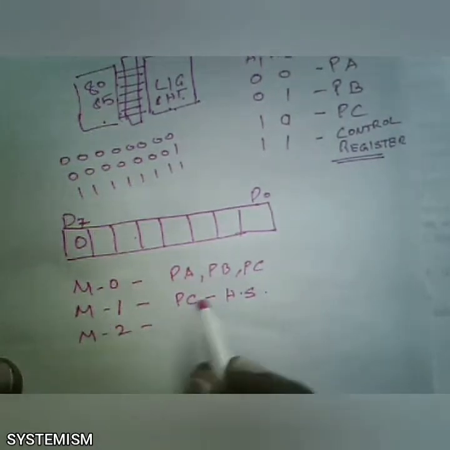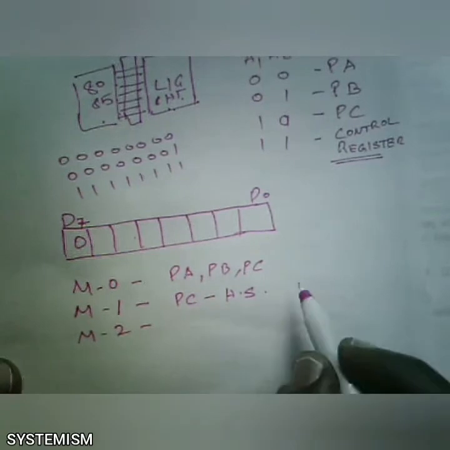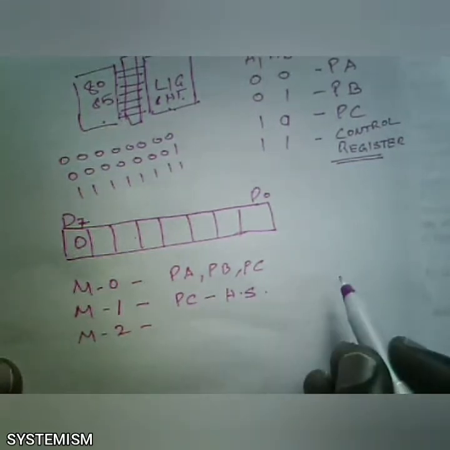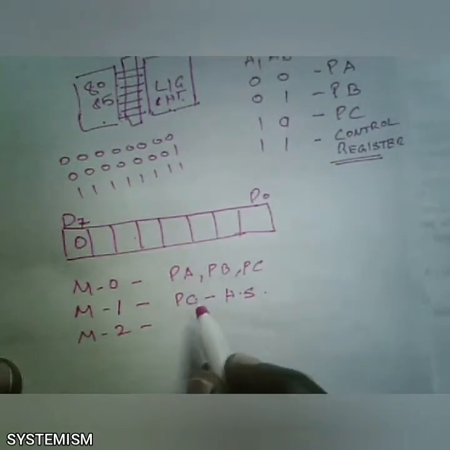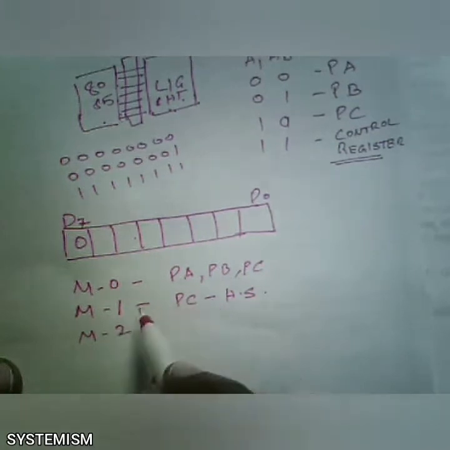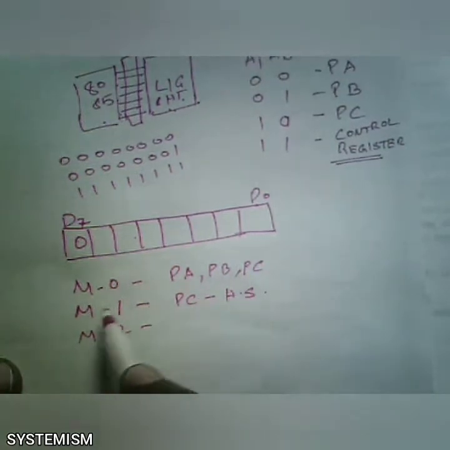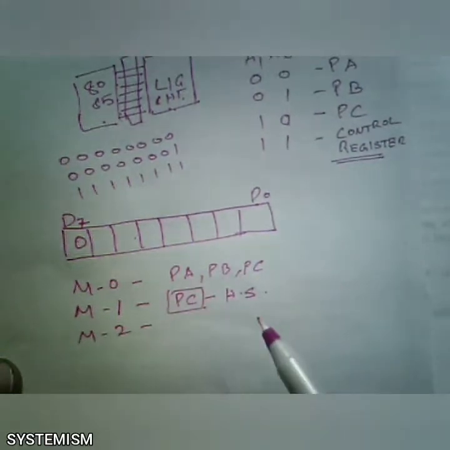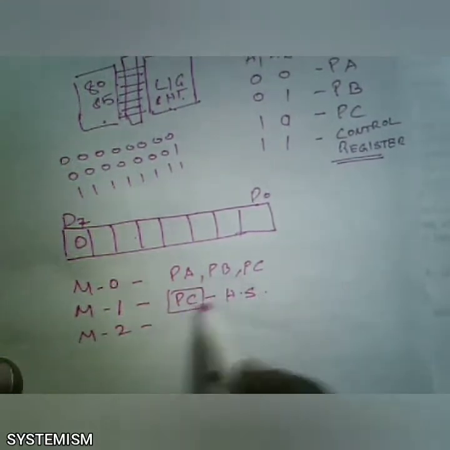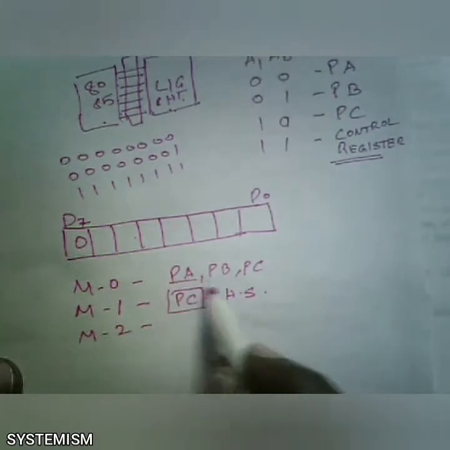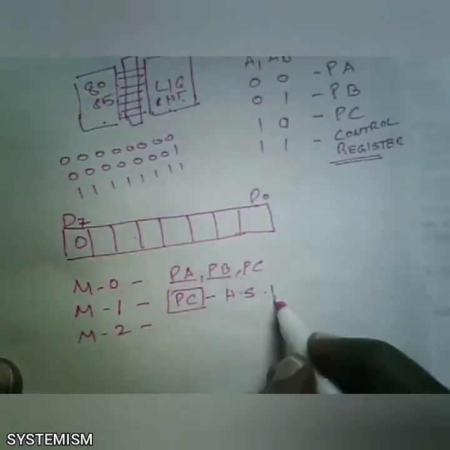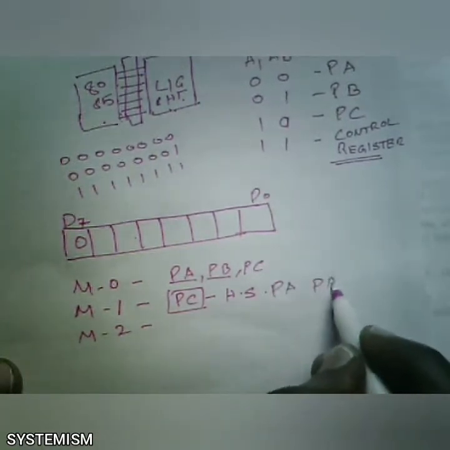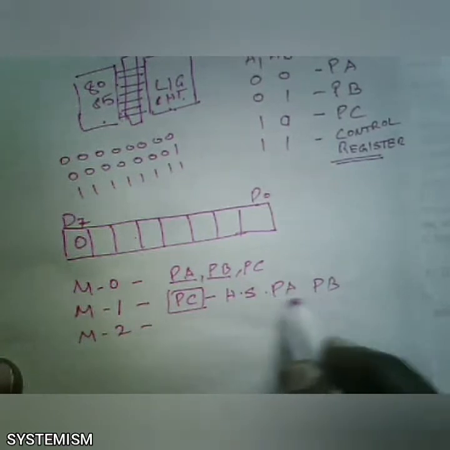The microprocessor will send a signal asking whether you are ready, and the IO device will send the signal back, yes, I am ready. So this is called handshake between the microprocessor and the IO device. This is done by means of port C. So port A and port B in this mode will be used as input and output ports.